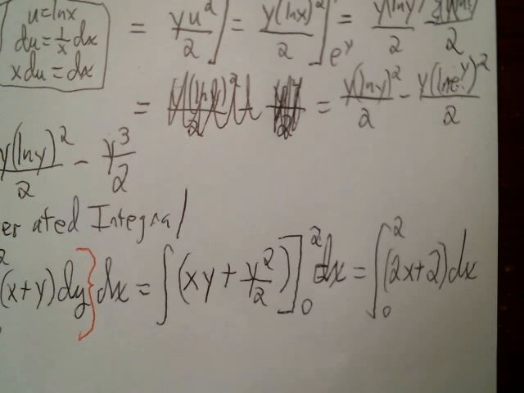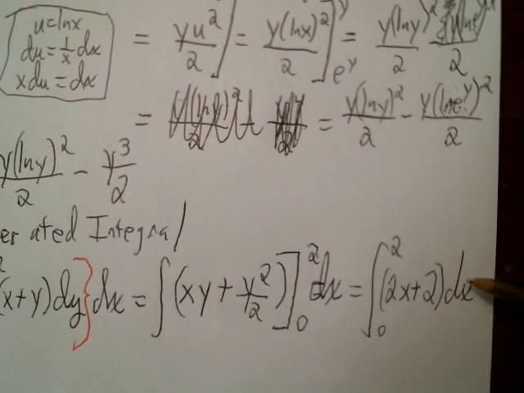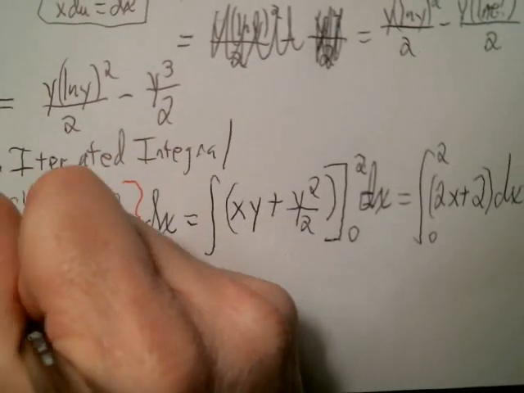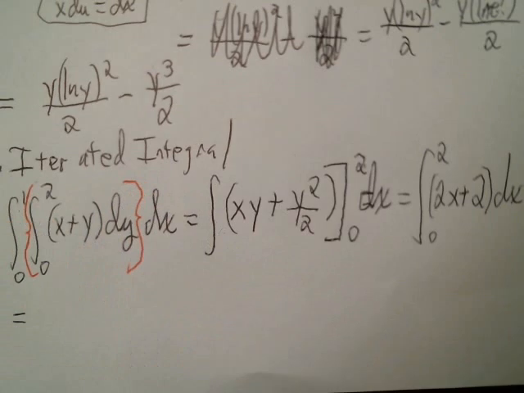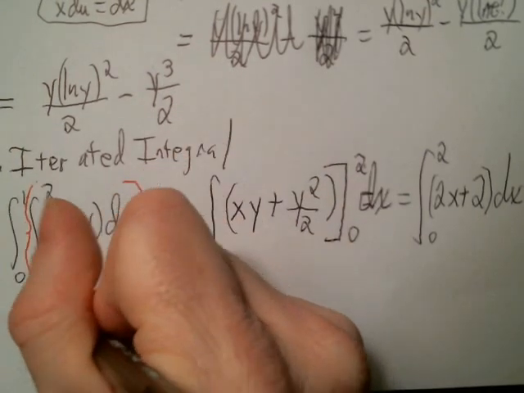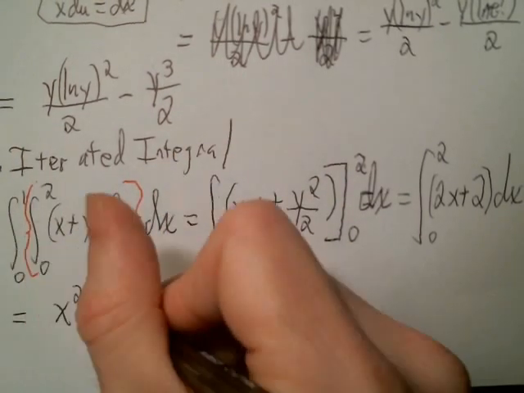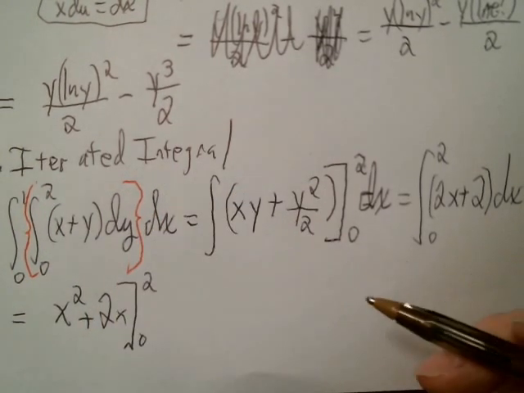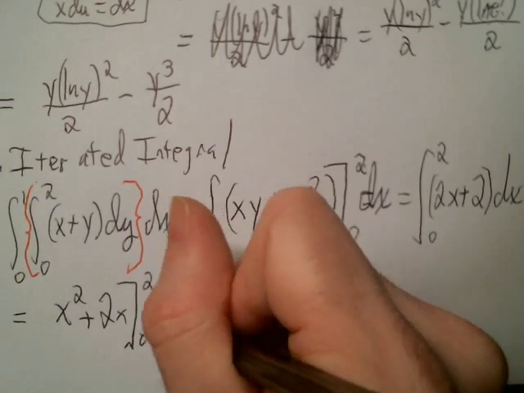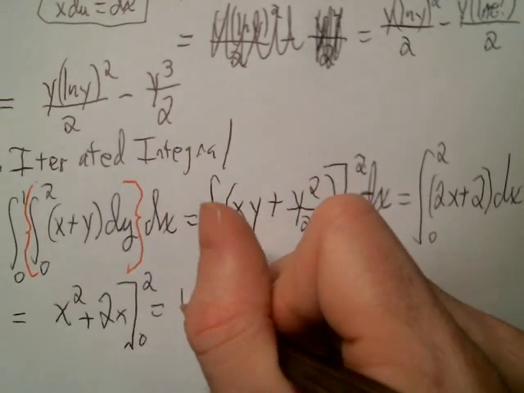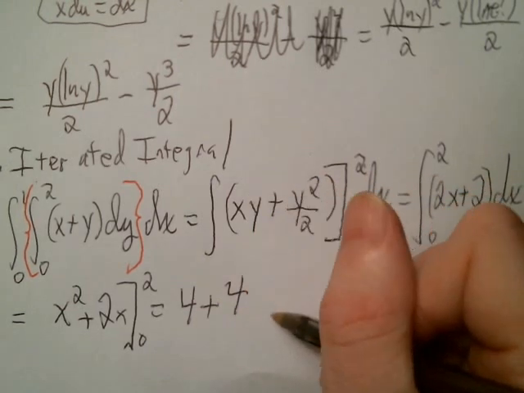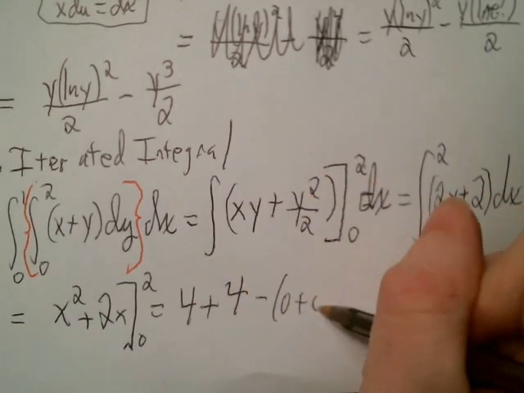Okay, so then I'm going to evaluate this integral, and this is something we can do. This is the traditional Calc 1 integral. I could just rewrite that then: 2x squared over 2, so that'll just be x squared plus 2x, and that'll be integrated from 0 to 2. And then evaluate that, plug 2 in for x squared is 4, 2 times x there is 4, minus 0 plus 0.